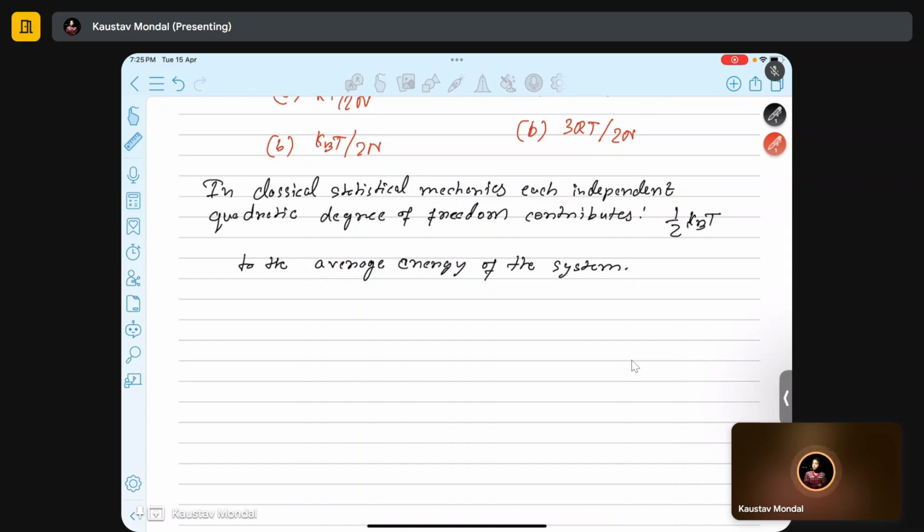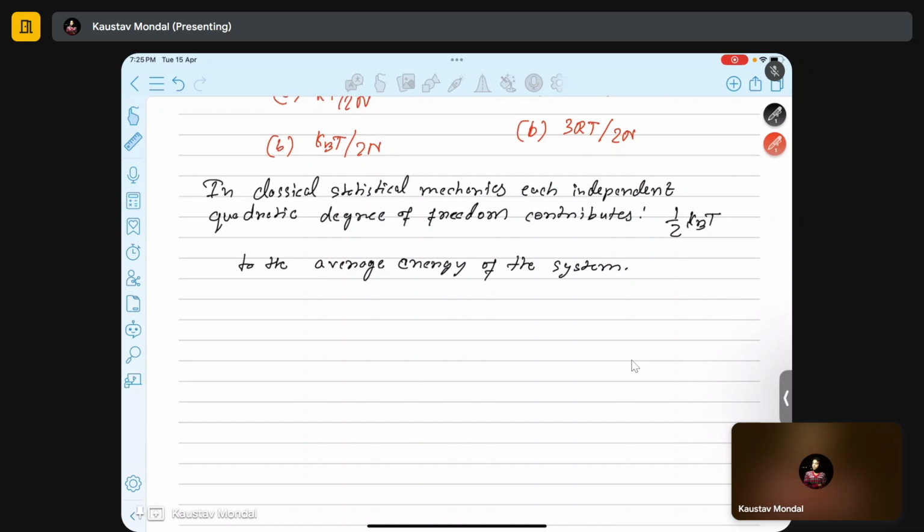Now for n particles, the total contribution per particle per degree of freedom is still half kBT. This is for a single particle. If you consider the degrees of freedom for n particles, that would simply be n into half kBT.